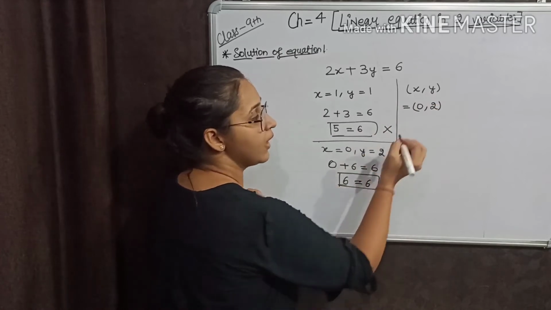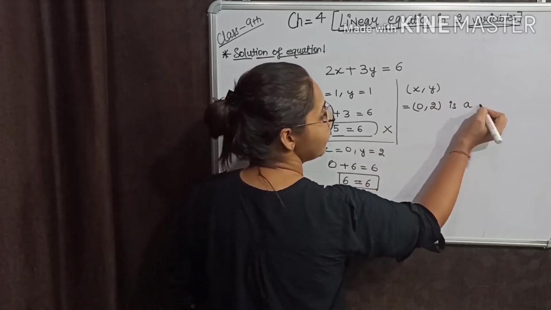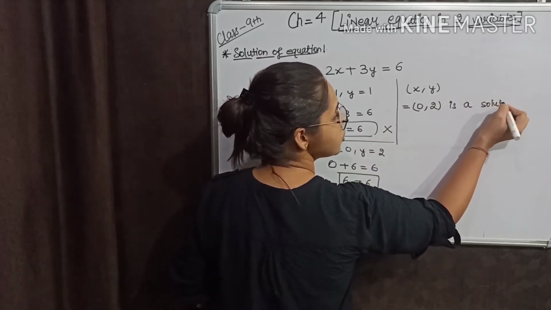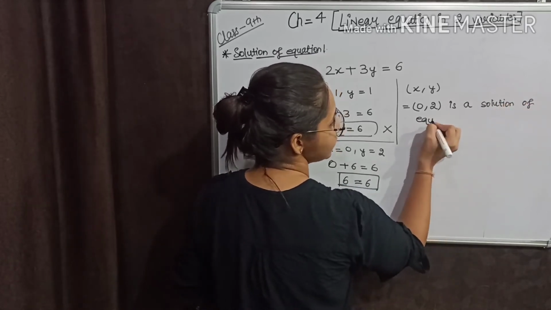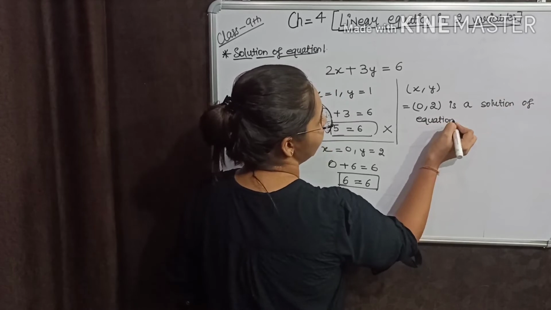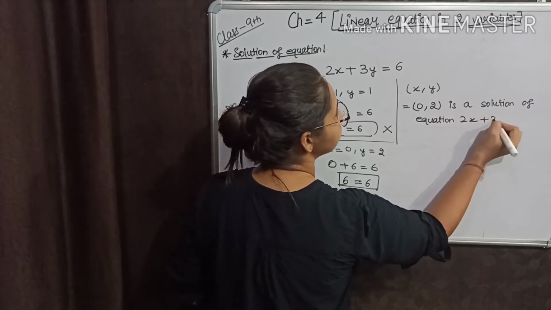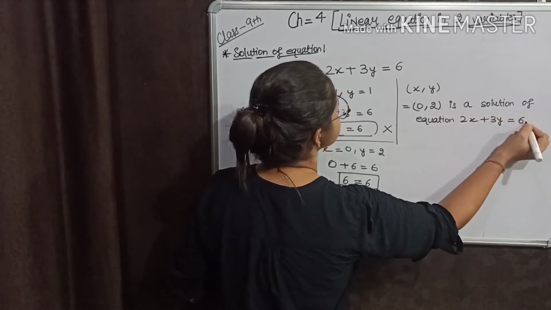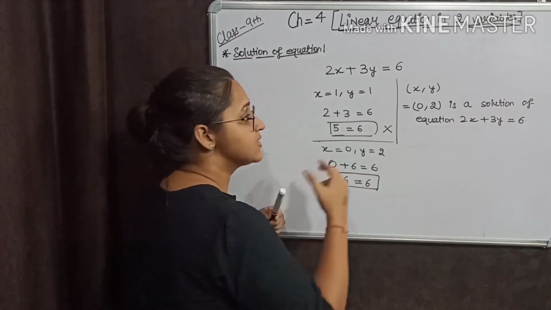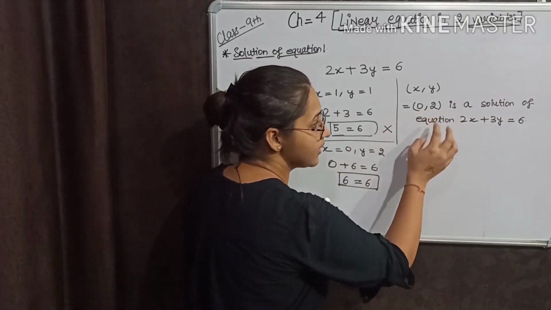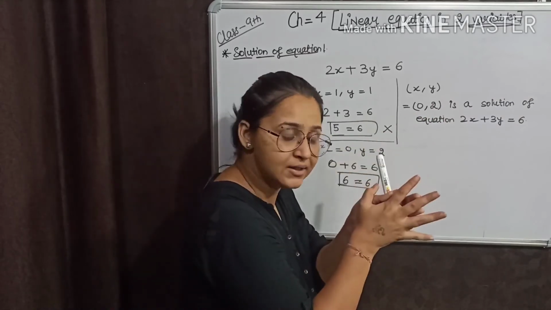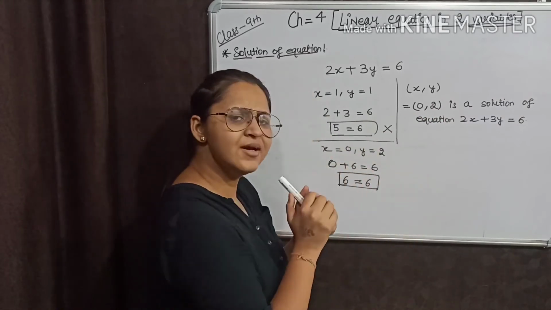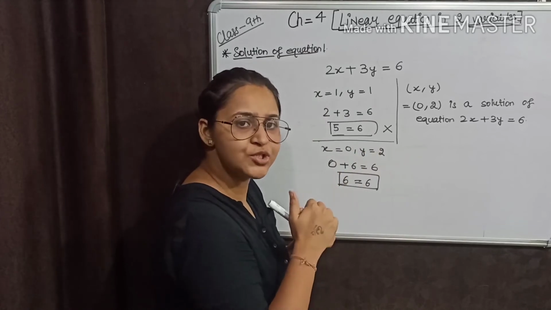So (0, 2) is a solution of the equation 2x plus 3y is equal to 6. Understand? (0, 2) is a solution. Why? Because it is satisfying the given equation. It is making balance.